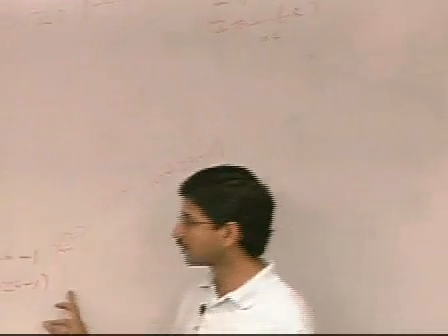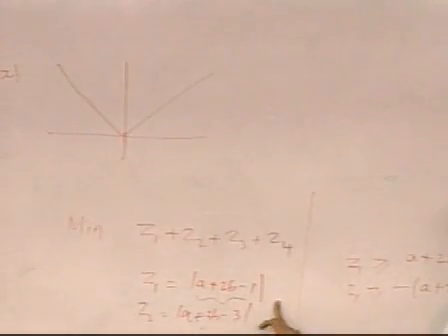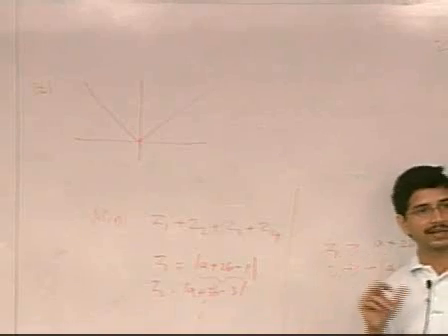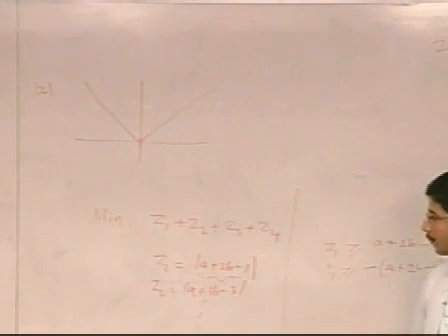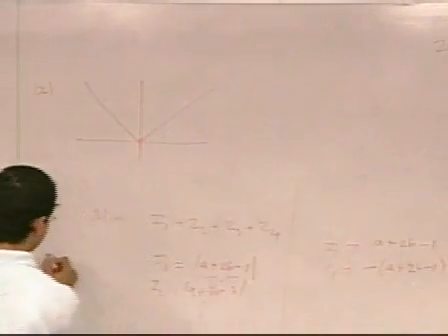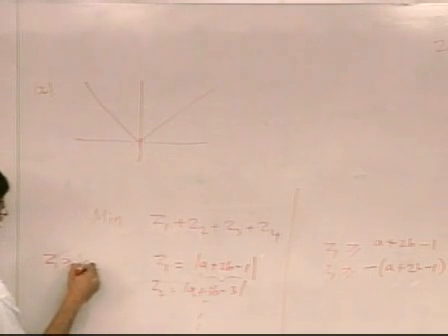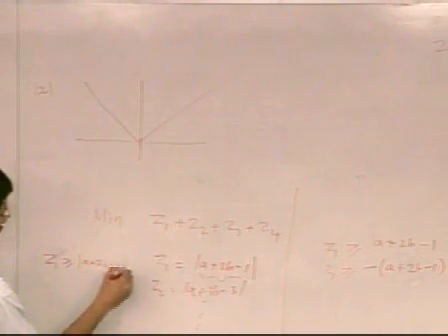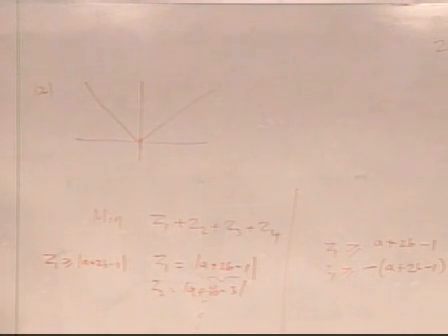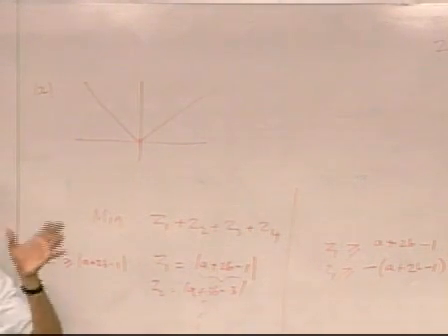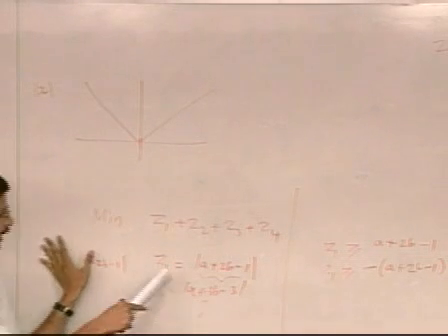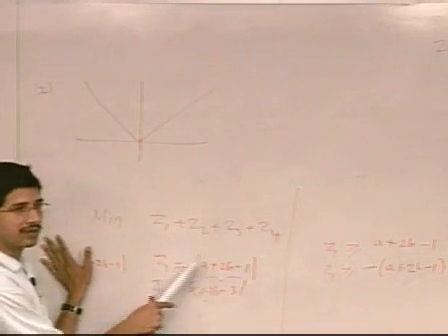Now, let's go back to the original problem. There, we don't have a bigger than or equal to, we have an equality constraint. But what happens if I replace this by this constraint? Just think about fixing the values of a and b. If you fix the values of a and b, then this says z1 will be equal to this quantity.